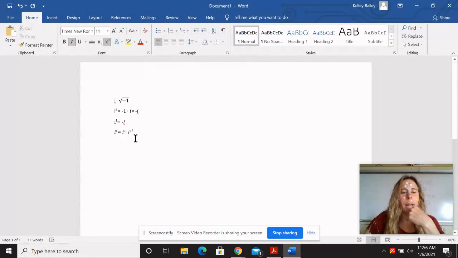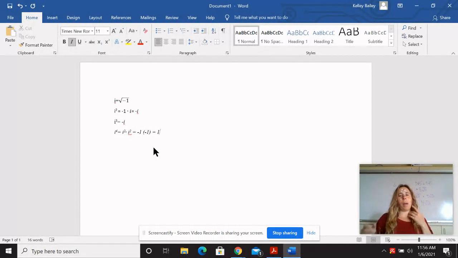I squared times I squared is the same thing as I to the fourth. You would add your exponents together. Okay, so then we know I squared is -1. So you get -1 times -1, which equals 1. Hooray!